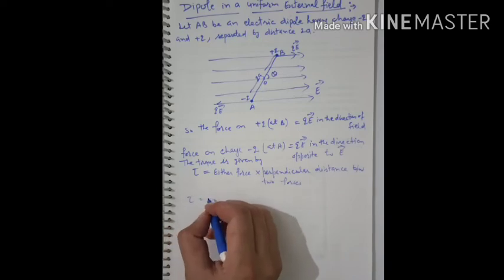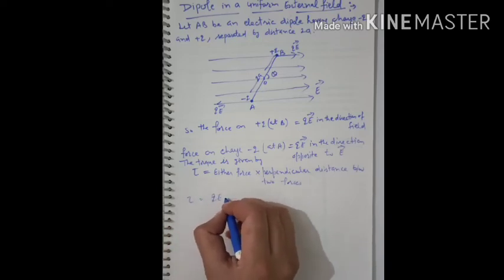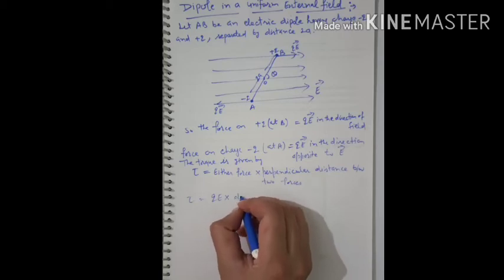So tau is equal to force qE into distance.